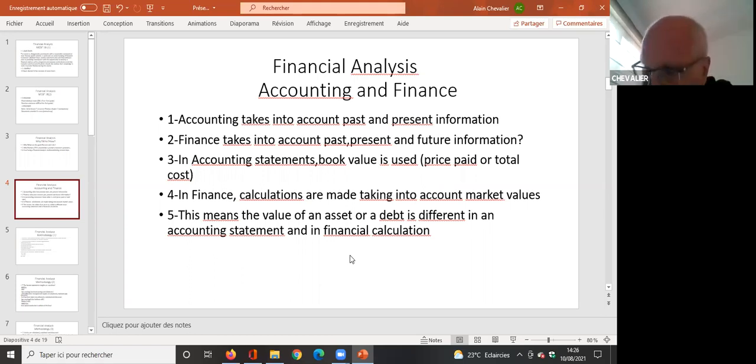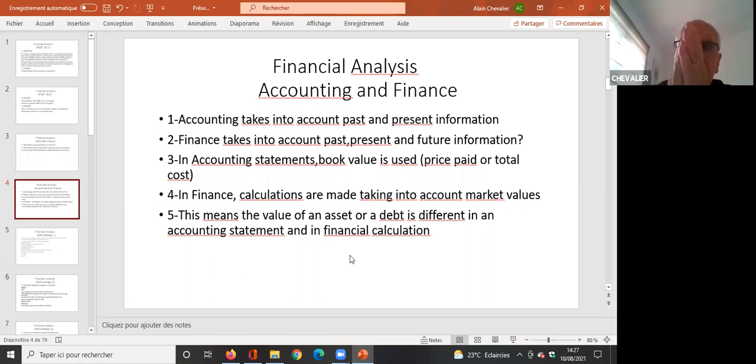But it's not the only data you can obtain through the accounting system for past operation.